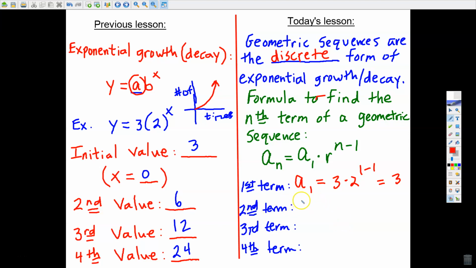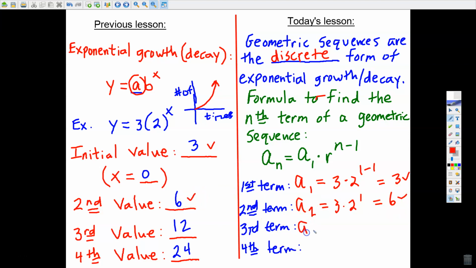To get the second term, we would call it a sub 2. The first term is still 3, and r is still 2, but notice how the subscript n became 2. So 2 minus 1 is 1, and 3 times 2 is 6. First term, see how they match? Second term, second term.